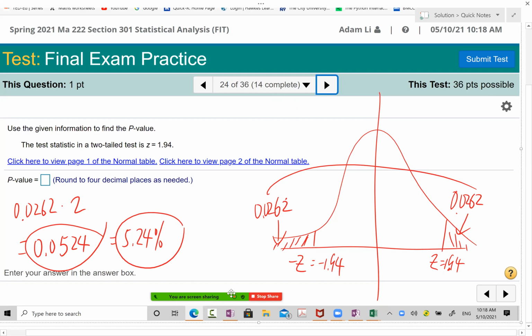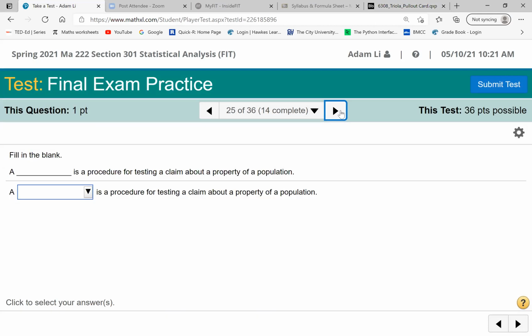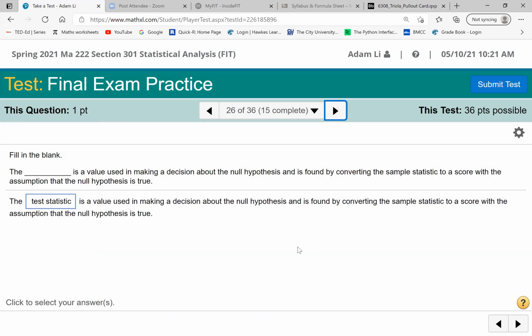So this is question 24. Question 25. What is the procedure for testing a claim about a property of the population? We call this hypothesis test. Okay, that's 25. 26.